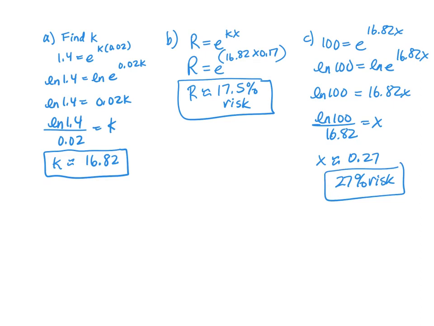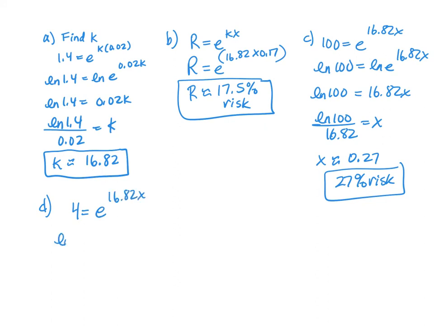Okay, part D. If the law asserts that anyone with a relative risk of 4 or more should not have driving privileges, at what concentration of alcohol in the bloodstream should a driver be arrested and charged with a DUI, driving under the influence? All right, that's an interesting one. They're saying 4 is the relative risk, so 4 is equal to e to the 16.82x.